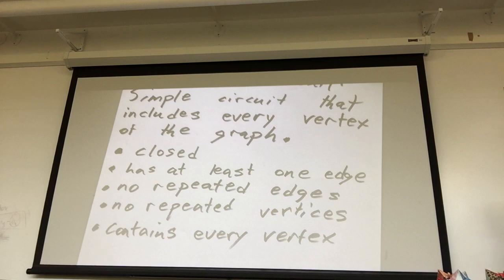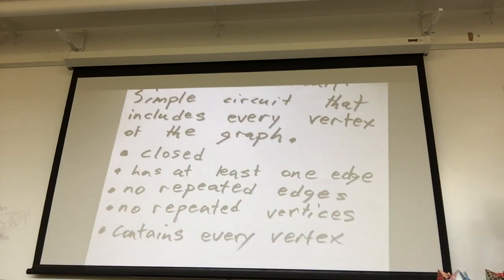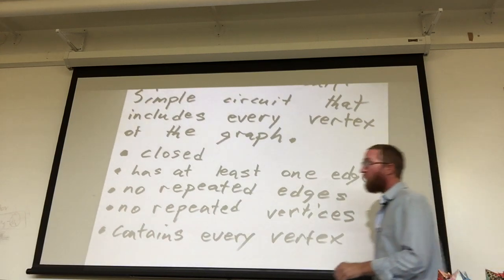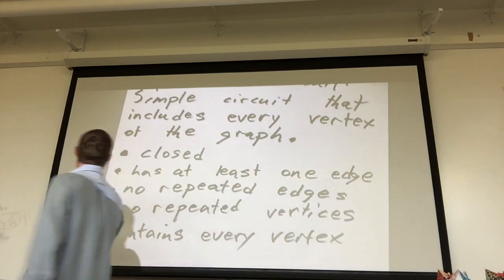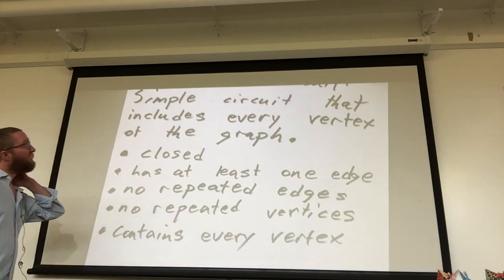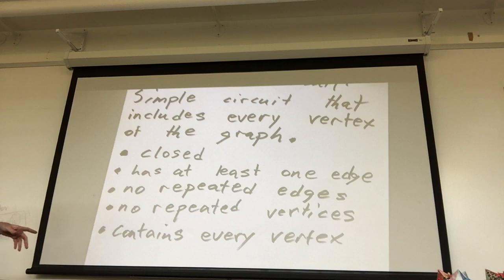Okay, so what are the major differences between a Hamiltonian circuit and a Euler circuit? A Hamiltonian circuit says that it's a simple circuit that includes every vertex of the graph, so it has to include every vertex. And since it's a simple circuit, there are no repeated edges or repeated vertices.